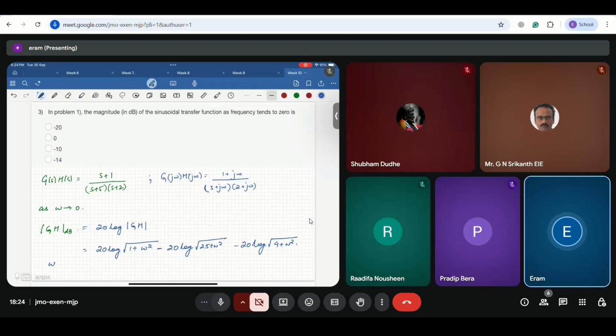Now put omega tends to 0. What will be the magnitude? It will be 20 log 1 minus 20 log 5 minus 20 log 2.